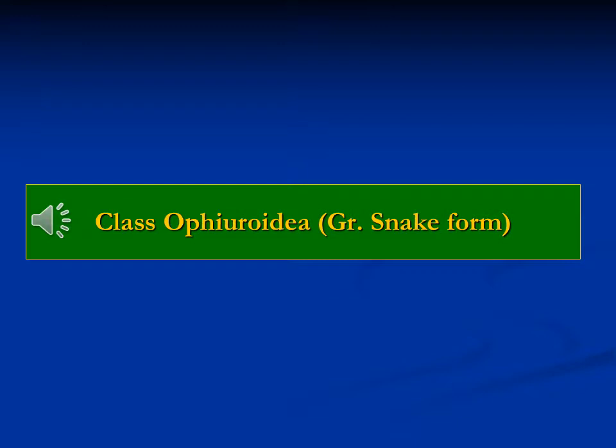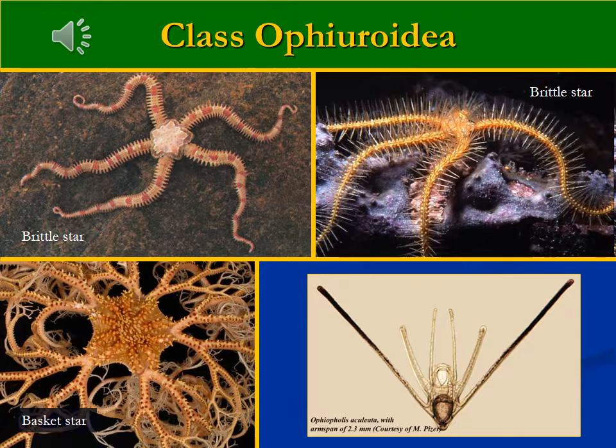Okay, so let's move on to Ophiuroidea. Ophiuroidea means snake tail. And the reason they're named Ophiuroidea is because each of the arms, at least in the brittle stars, maybe not so much the basket stars, consists of interlocking ossicles.